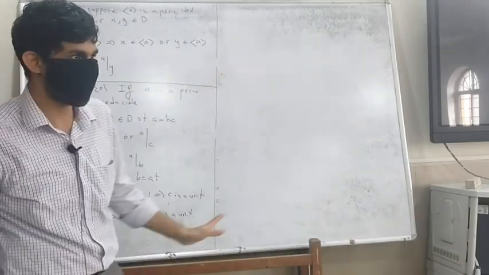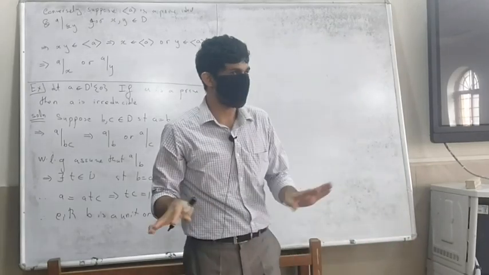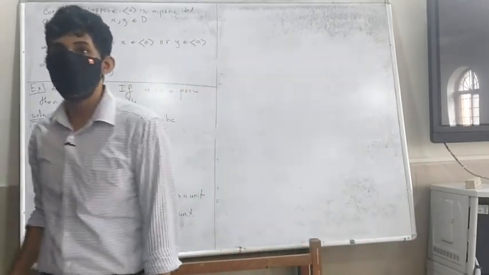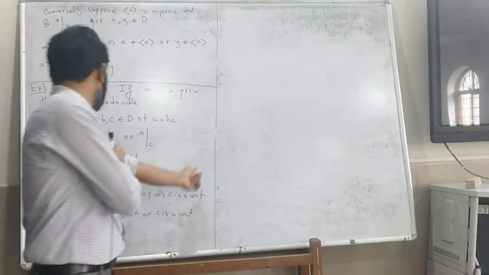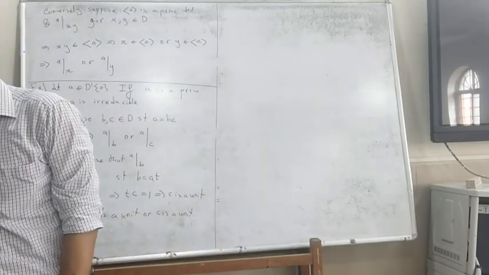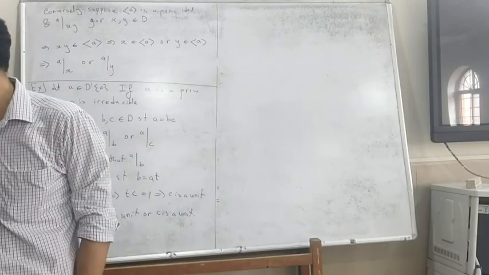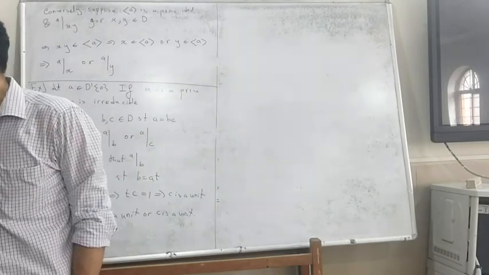But we will give an example of an integral domain where an irreducible is not a prime. We'll see that later. Now we can look at some other properties before we go into giving this example.